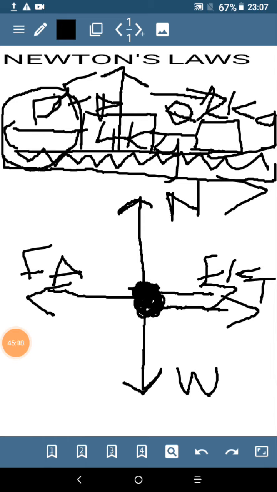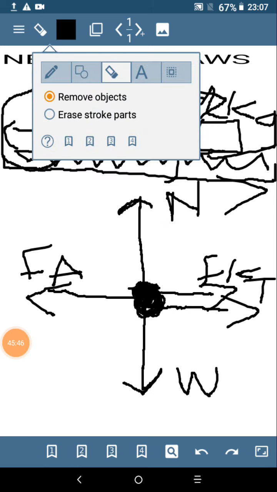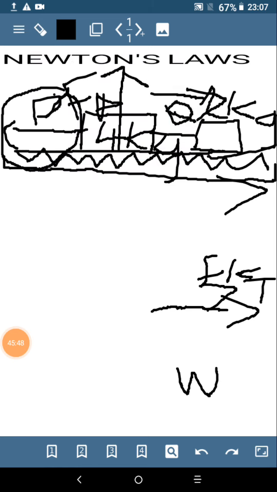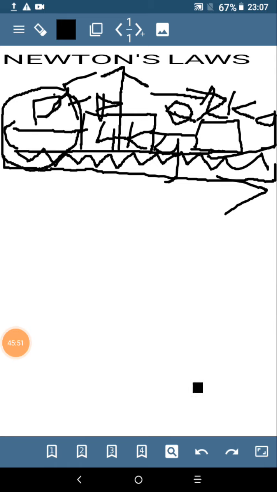So if you are very comfortable with drawing free body diagrams, you are not going to have trouble when we come to Newton's second law, which we will in the moments to come.